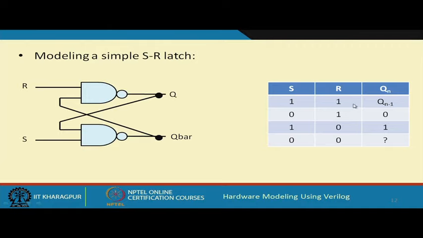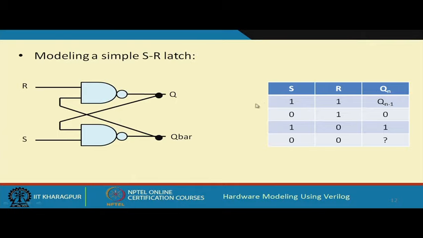If both S and R are 1 and 1, then whatever is Q and Q bar, let us say Q is 1 and Q bar is 0, if this is 1, 1 will come, 1 and 1 will be 0 and 0 and 1 will be 1. So, no change. Similarly for the reverse. When the inputs are 1 and 1, the previous output value will remain. This is the behavior of this circuit.